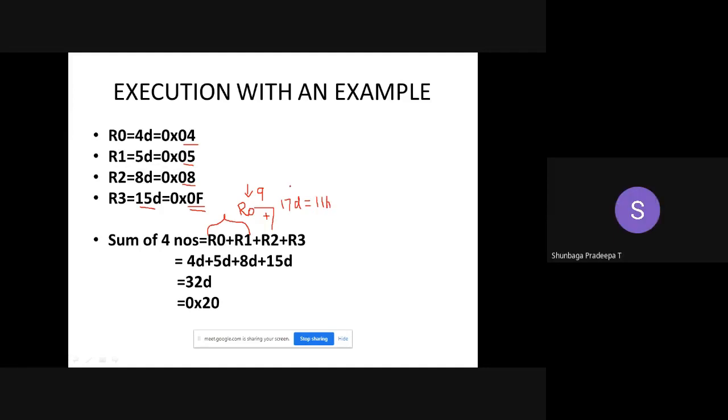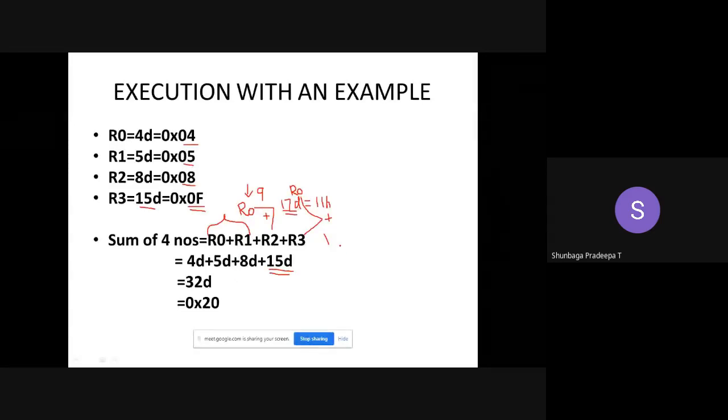So now again you update the same thing, the added value in the R register itself. So perform R0 and R1, store it in R0. Again with that R0 you add your R2, storing it again in R0. Again this R0 you add with R3. So what will be the result? Decimal is 17 here, and the last number in decimal is 15 here.